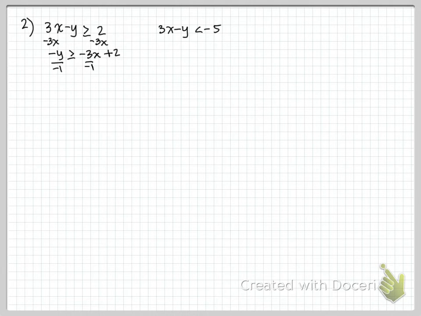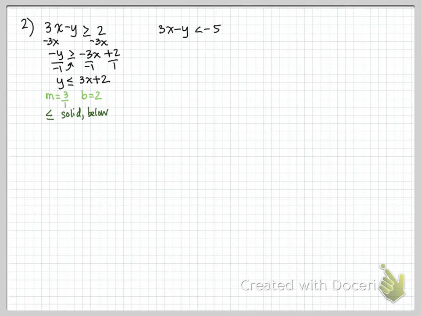Divide by negative 1. And then we get y, oops, going to flip my inequality around, less than or equal to 3x minus 2. So we get a slope of 3 over 1 and a y-intercept of 2. The less than or equal to is going to give me solid and below.